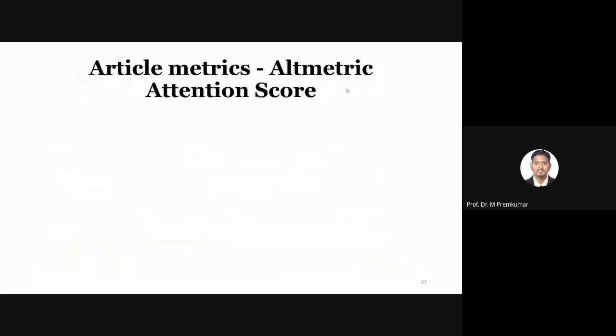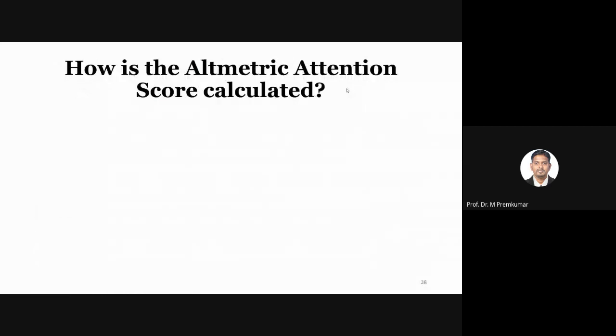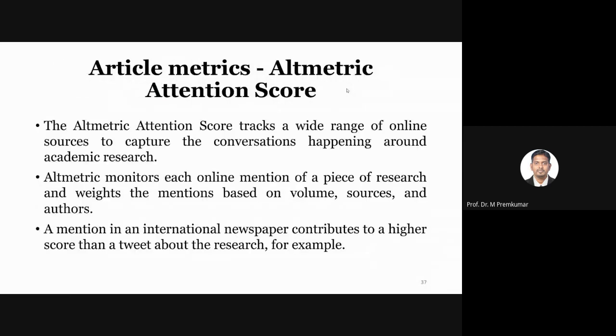Okay, and all these things I don't want to skip. I told you one more thing, which is altmetric. Okay, what is this? See, this altmetric score is another metric which is useful to assess your manuscript if it is mentioned on any of the social websites.